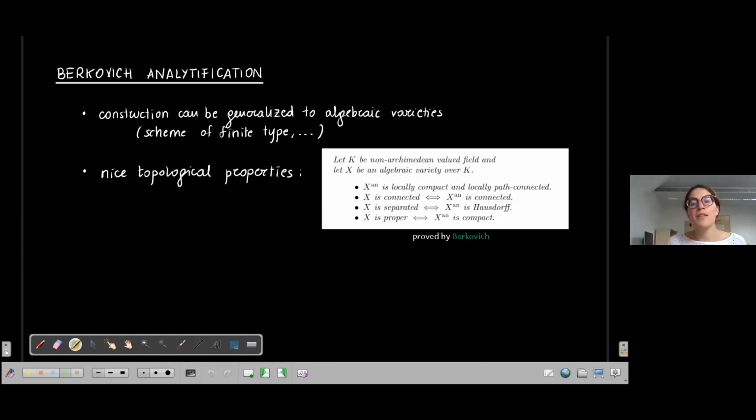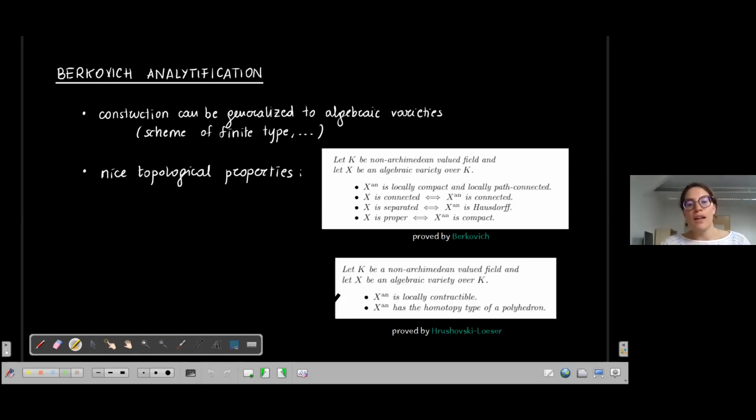Okay, so it really means that we can recover the properties of X from the analytification. And then one last result that I want to mention is a result proved by Gruzowski and Lozer. It was first conjectured by Berkovich and proven in a couple of cases.